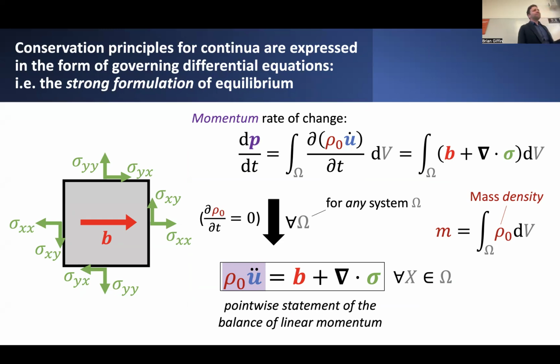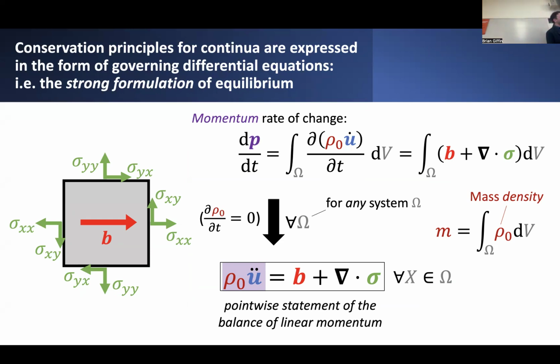In any case, we can suppose that the rate of change of the momentum of this block, expressed through this integral statement of the time rate of the momentum density taken over the full interior volume of this block, has to be equal to the net force applied to this block.